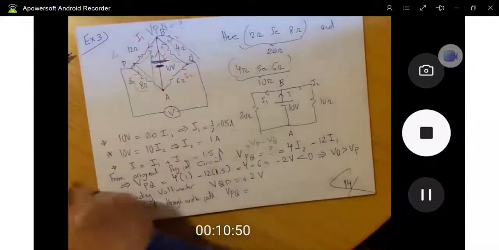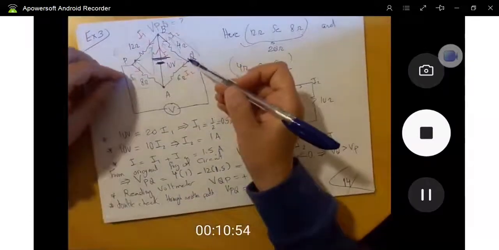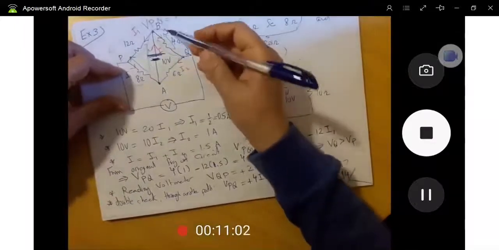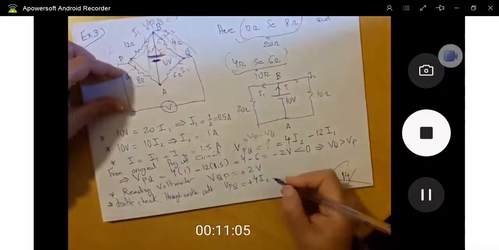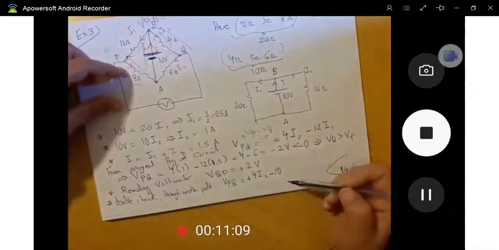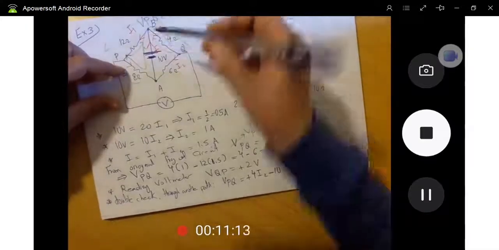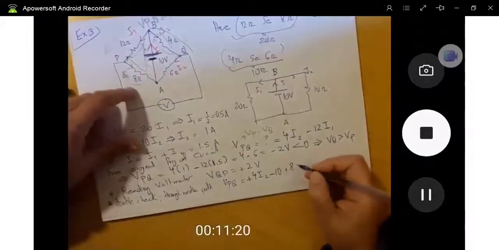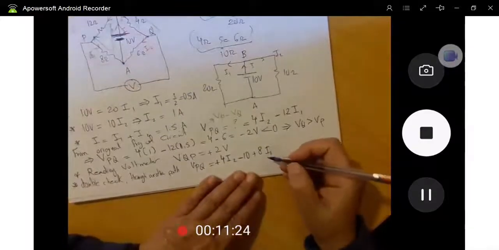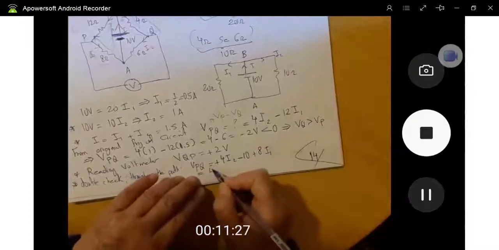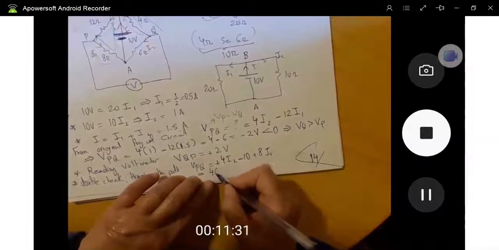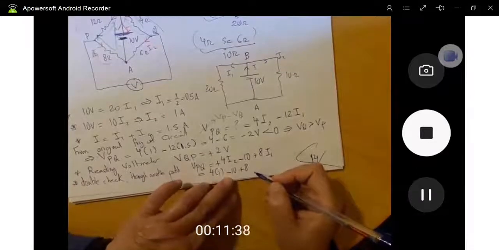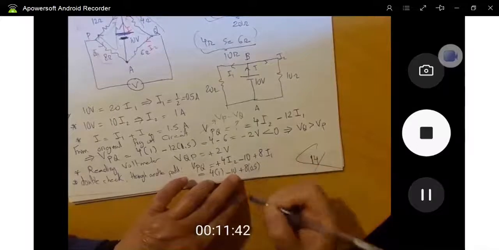Sorry, the second path. So what do I have if I start from here? This one is with, so it's plus 4 I2. Next, here this one is negative, so it's minus 10 volts. And the last thing I have is this current downward, higher this way, so plus 8 times the current I1 flowing through it. Let's see what answer comes out. This is equal to 4 times I2, which is 1, minus 10 plus 8 times I1, which is 0.5.